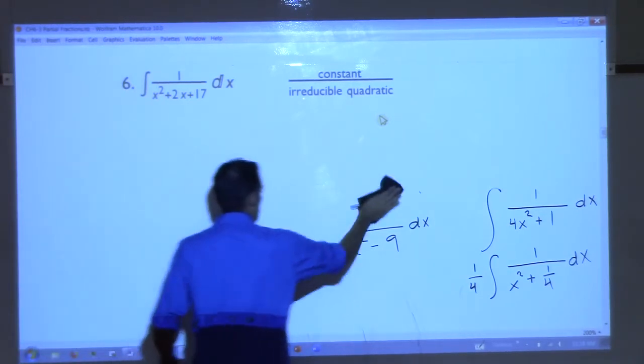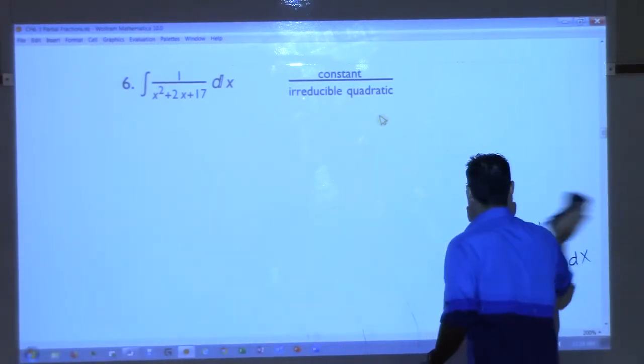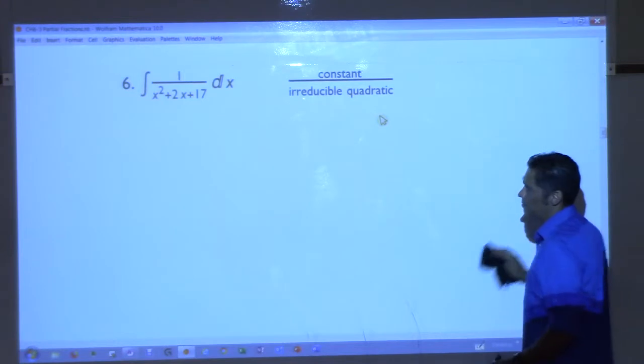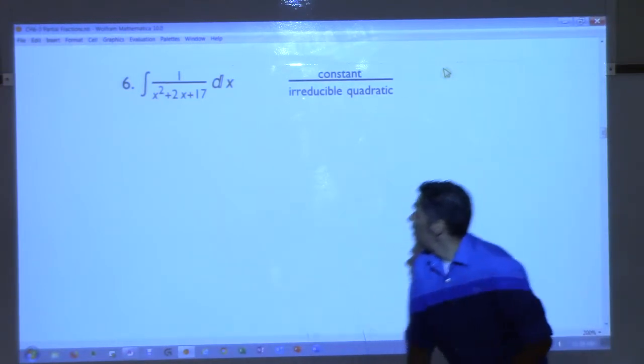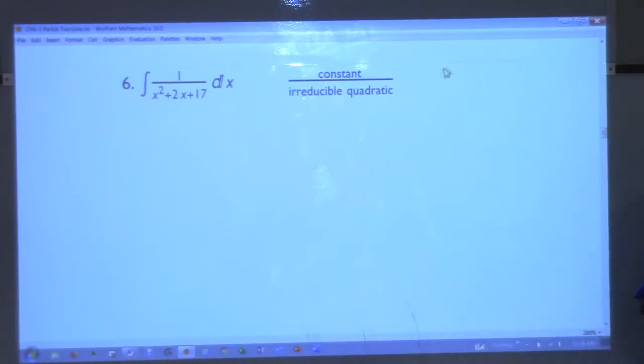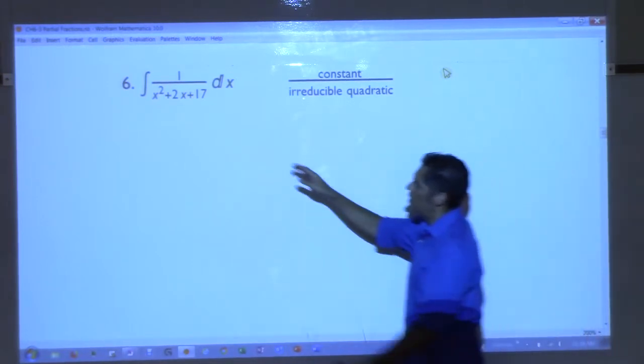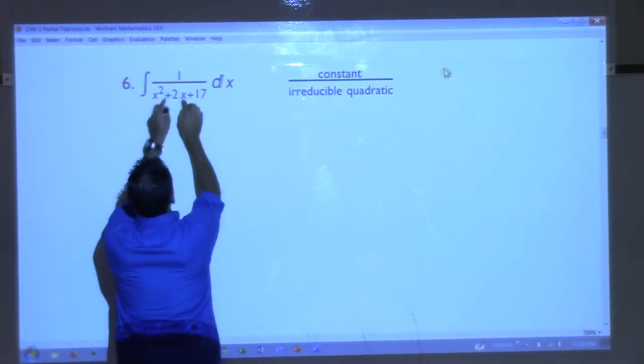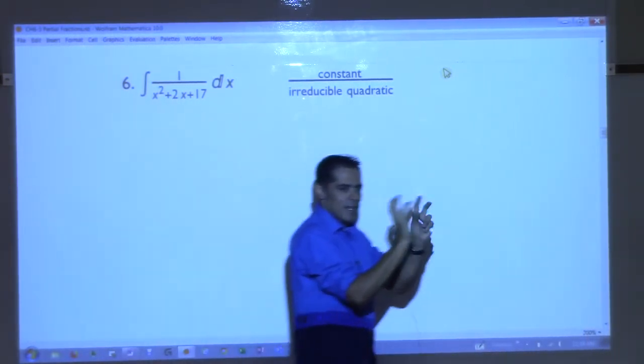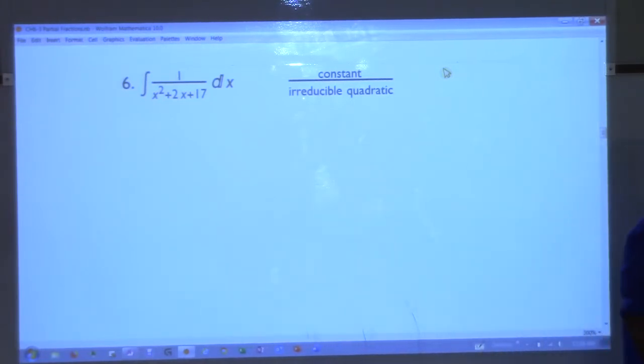So look at that quadratic down there. It's not factorable. You cannot break this up into two sets of parentheses, x plus something times x plus something. You know what I mean? So how can we handle this?